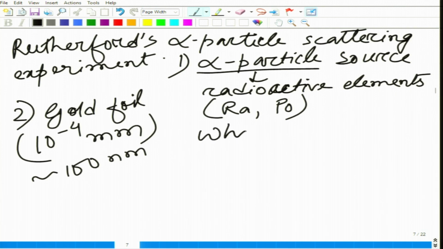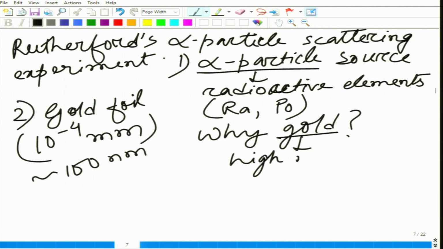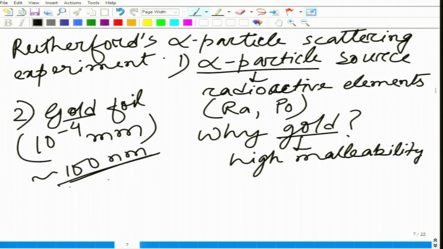But why gold? Why not any other metal? Because of the high malleability of the gold. Since this was a very thin foil, some metal should be taken which can be formed into this type of thin sheets. Since the malleability and ductility of gold is almost highest among the metals, gold was preferred.